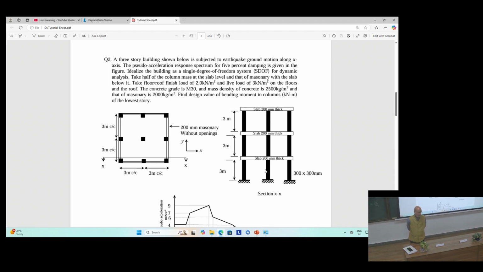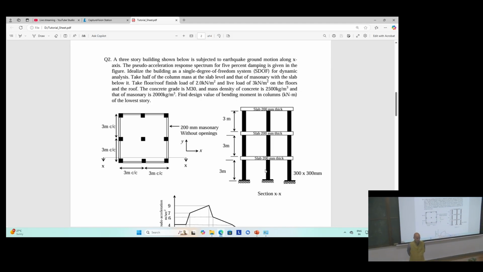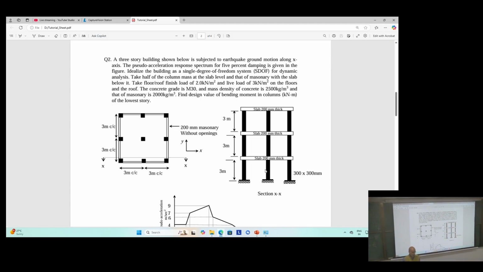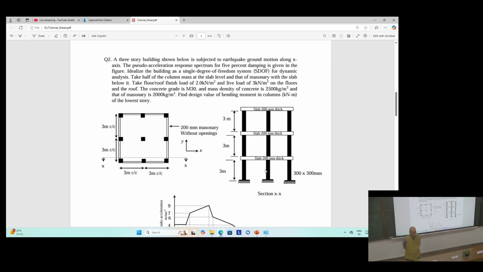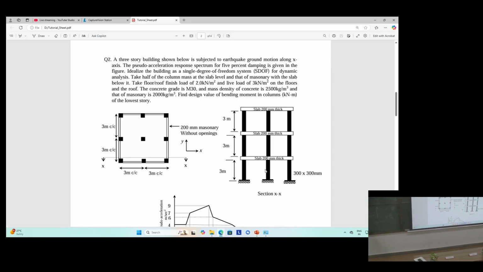To begin with, say I can apply a load as a straight line. This is one way. So that is a linear way. So if you see how it could be.